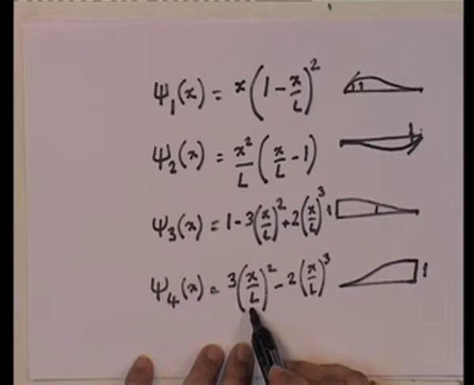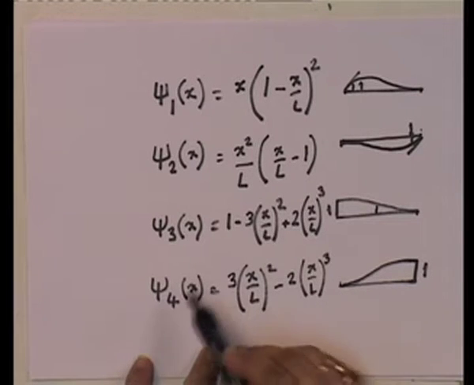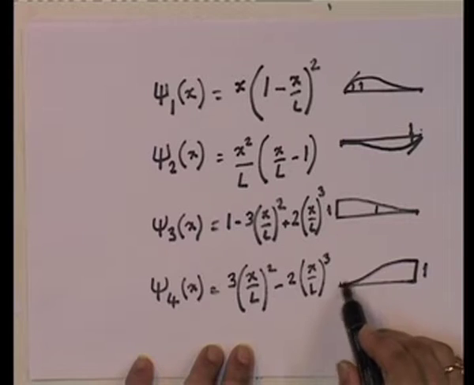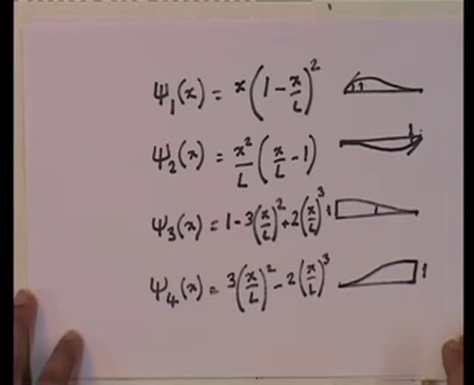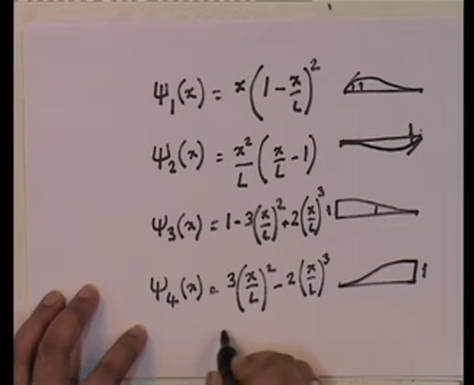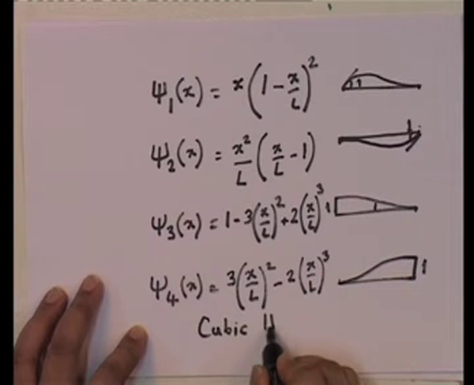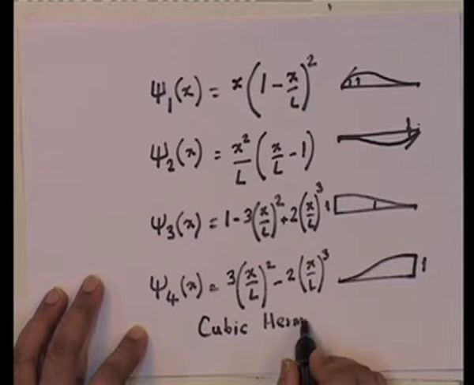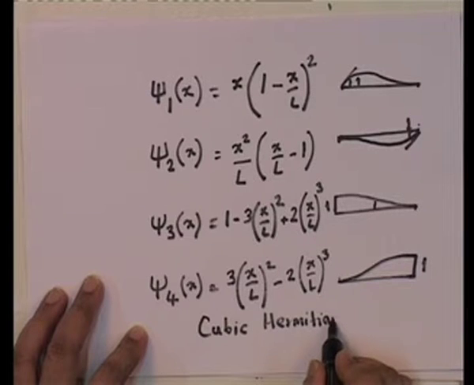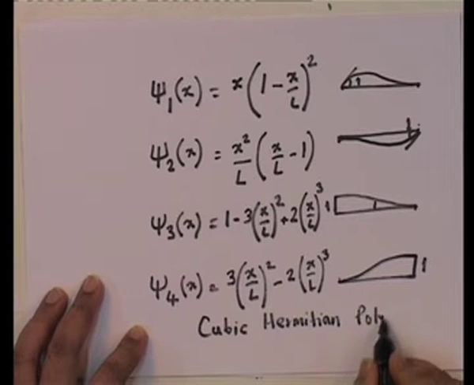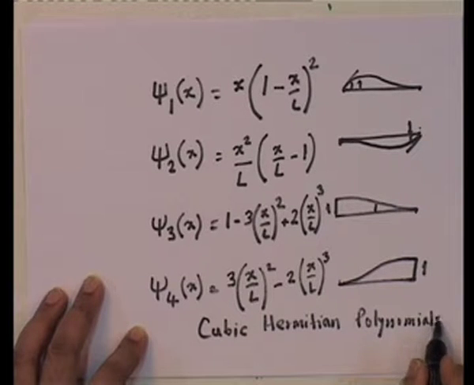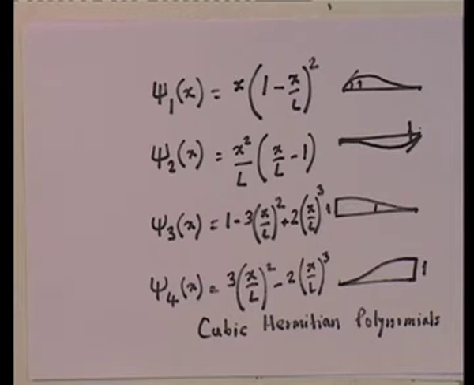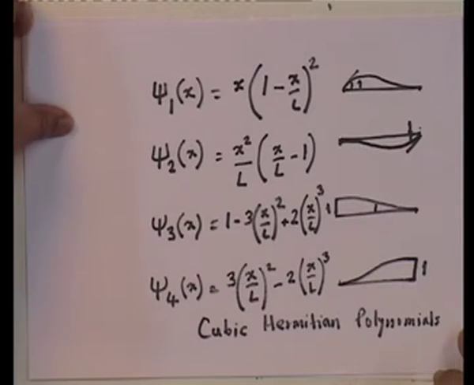If you put x equal to 0, you will see that this is 0, and then you differentiate them, you will see that both of the slopes are 0 at this point, which is the boundary condition that it is supposed to satisfy. So, these are actually the classical cubic Hermitian polynomials.